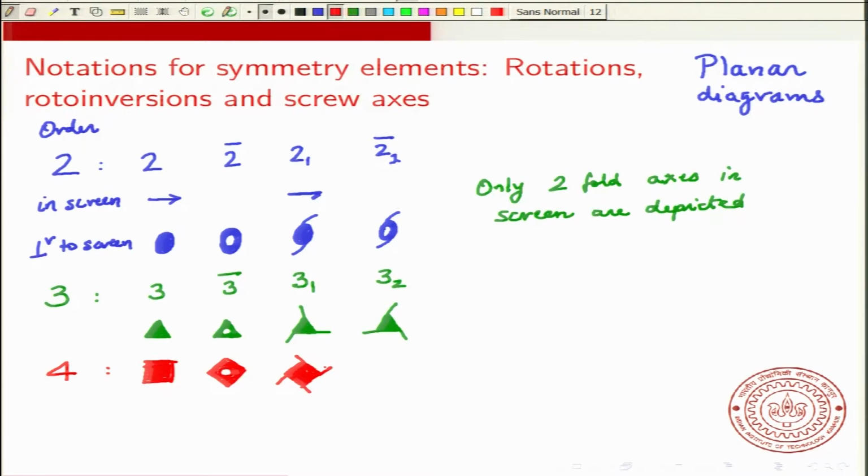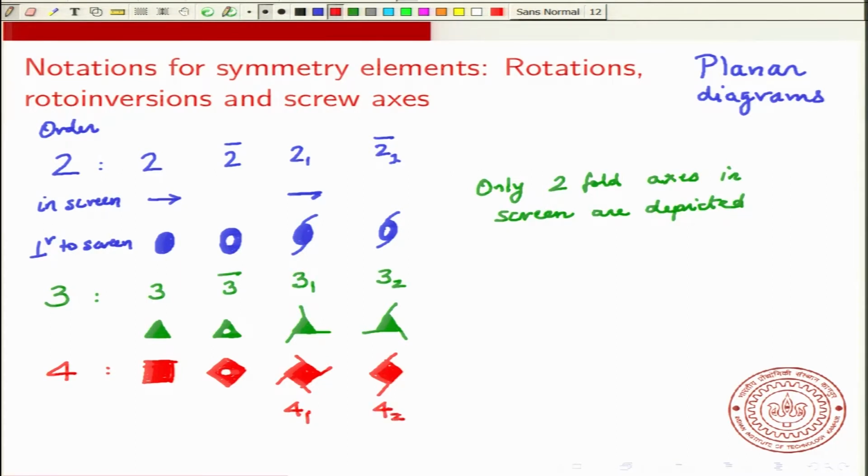Now, you could also have a 4 sub 2, and I'll show it. The 4 sub 2 is shown by, now only 2 lines are drawn. So, this is 4 sub 2.